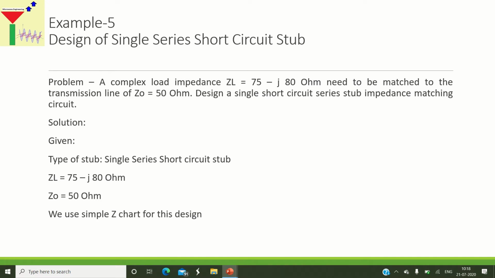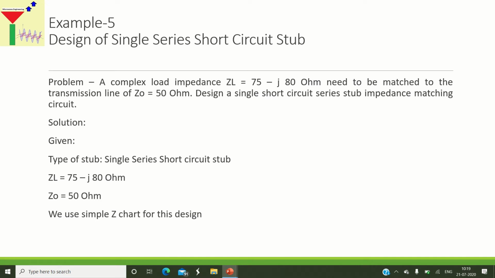The load impedance is given as 75 minus J80 ohm and the characteristic impedance of the transmission line is given. Here we will make use of a simple Z chart or impedance chart for designing this example. I hope you are also going to make use of an impedance chart, and that you have all the necessary required equipment with you.